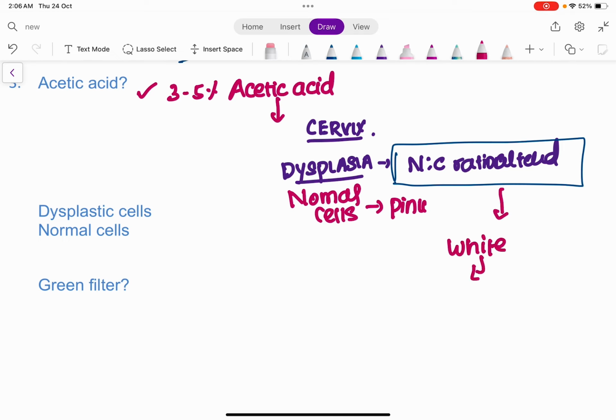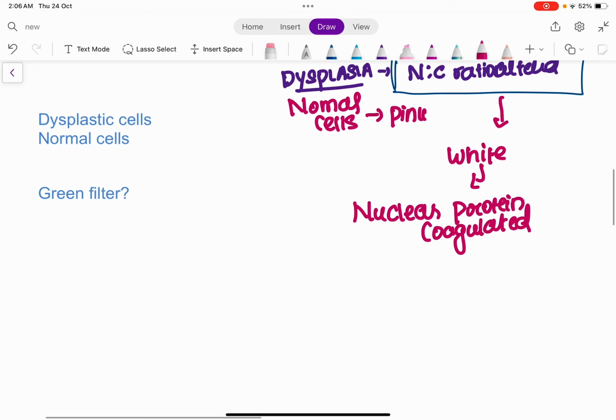This is because once you apply acetic acid to the dysplastic cells, the nuclear protein will get coagulated. Since the nuclear protein gets coagulated, the dysplastic cells stain white in color.